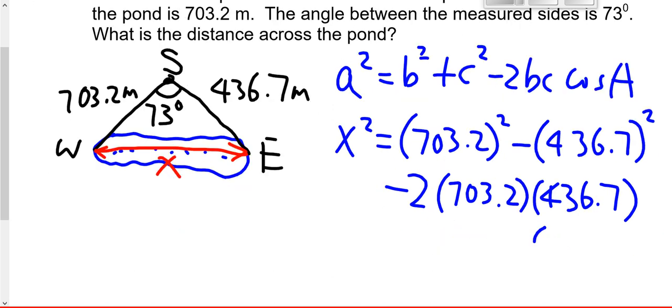Not just that, also cos A. Okay, what's angle A? It is the angle opposite to the length of the unknown side. This opposite, so 73 degrees.